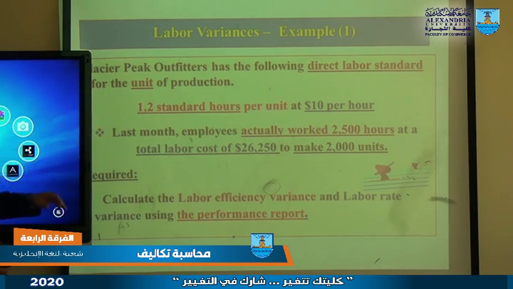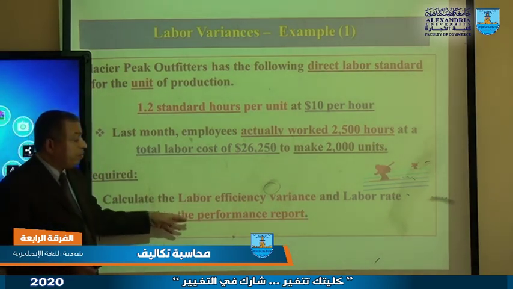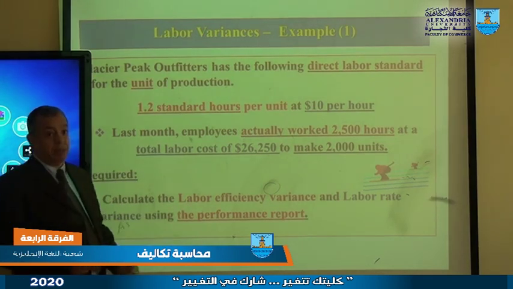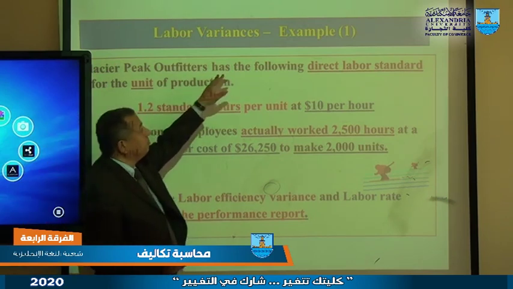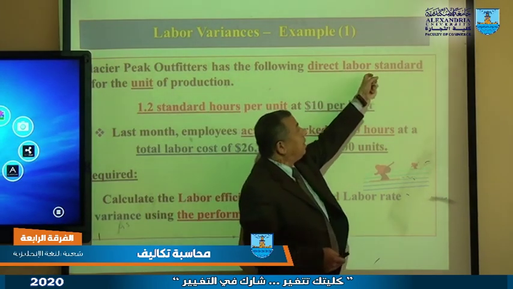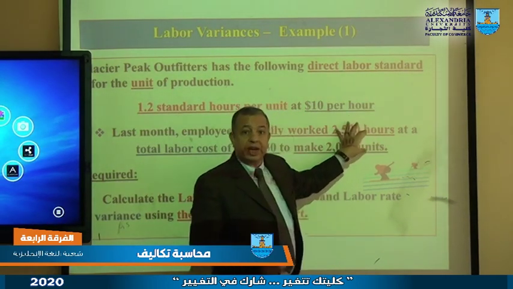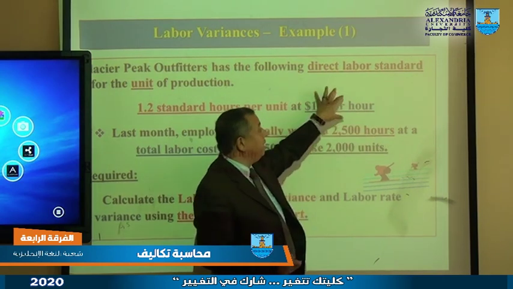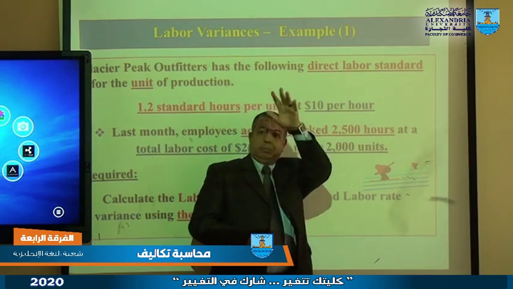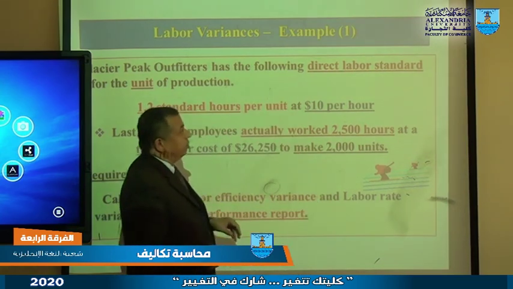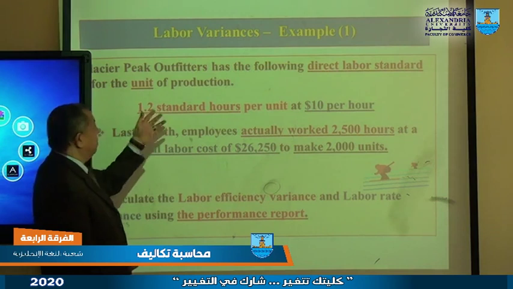Let me explain example number 1, especially for preparing a performance report for direct labor. Here I have a company, regardless of its name, that has the following direct labor standard. Maybe you'll find a problem like this when I spoke about direct material standard in the previous lecture.